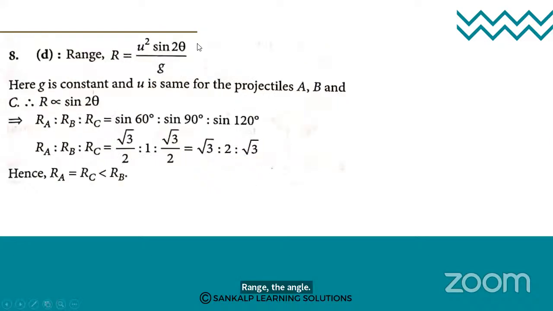Yes, students. Range is equal to, as in the previous question we have seen the formula, u square sine 2 theta by g. So g is constant, u is the same for the projectiles A, B and C, so it is directly proportional to sine 2 theta. Take twice the given angles.